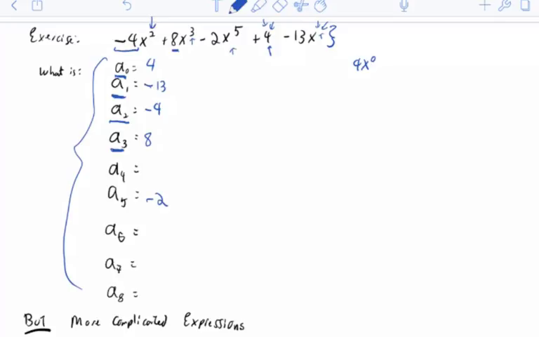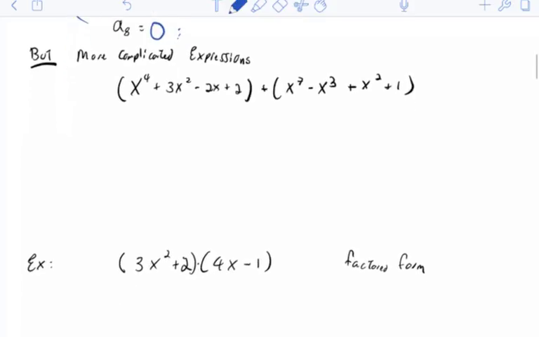What about a_4? There's no term in this expression that has the power x to the 4, so that coefficient's 0. Similarly, there's no term that has x to the power 6, so that's 0. There's no term that has x to the power 7, so that's 0. No term that has x to the power 8, so that's 0. And arguably, I could just extend this list forever.